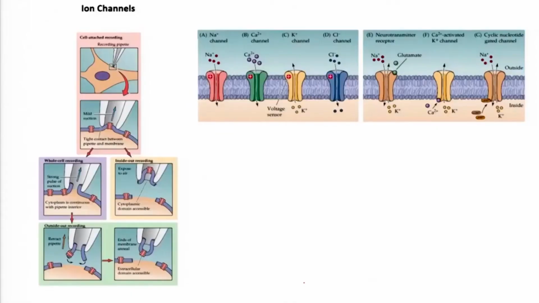If we recollect from our patch recordings that we had talked about, in our whole-cell recordings and sometimes in our recordings from single ion channels, if we can get a single ion channel on a membrane tip in an inside-out or outside-out recording, we can actually characterize the electrical properties of single ion channels by measuring single ion channel currents.